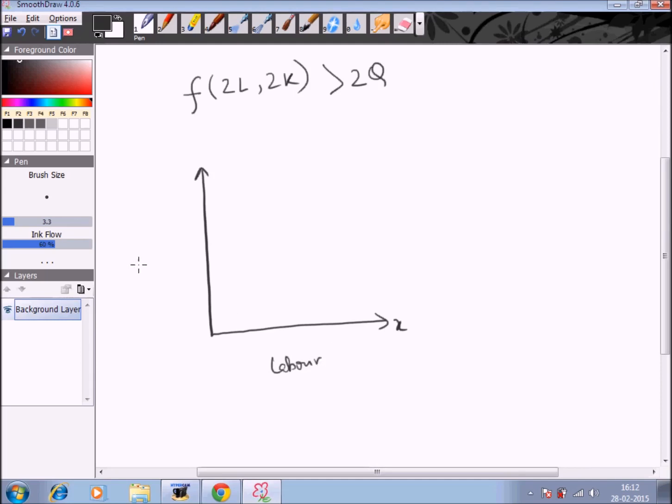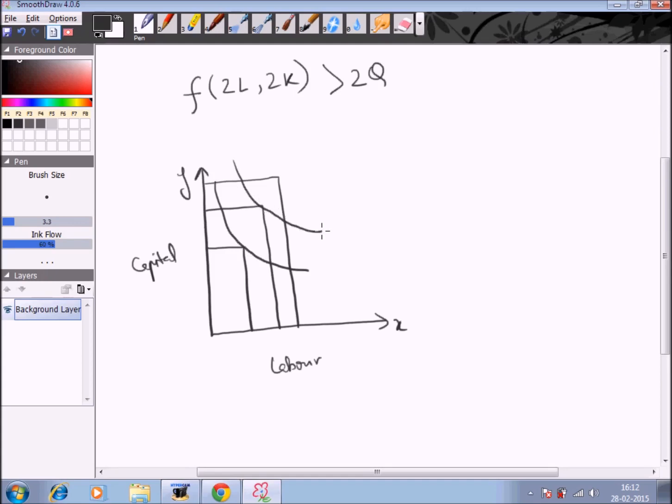On the y-axis, we take capital. And again, we get three isoquant curves, Q1, Q2 and Q3. In the first isoquant curve, the output produced is 10 units. In the second isoquant curve, the output produced is 18 units, and in the third one, it is 24 units.